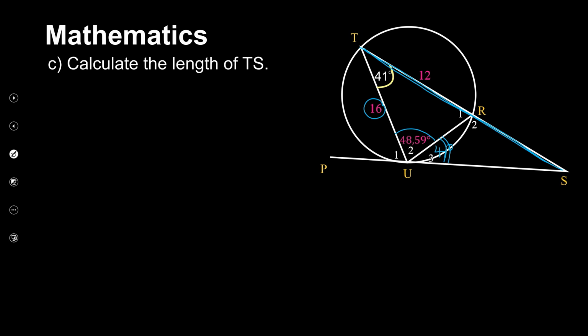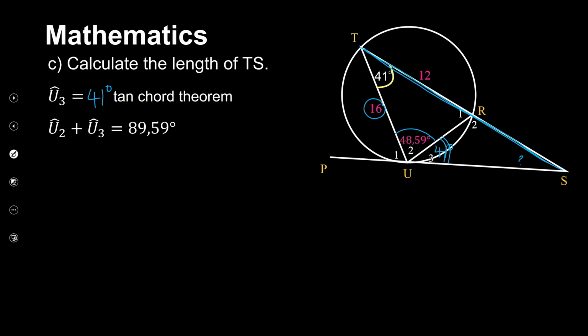So that's 41 degrees. Okay, now because we have the other two angles in this big triangle, STU, it's quite easy for us now to find angle S. So let's write that down quickly. Okay, so we said U3 is equal to 41 because of the tan-chord theorem.